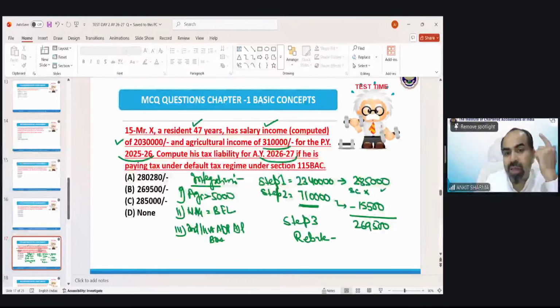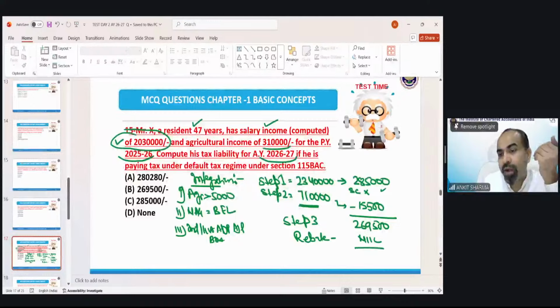The non-agricultural income is 20 lakh. If it were less than 12 lakh, then we could provide the rebate. But because it exceeds 12 lakh, there would be no rebate. So now we have to apply 4% cess on it, and that would result in the answer we want to find. And that would be option A as your correct answer.